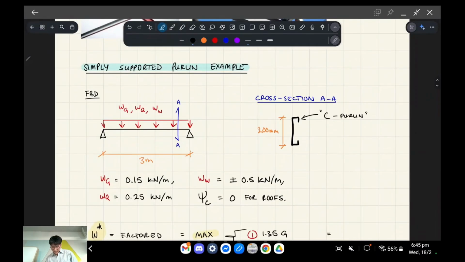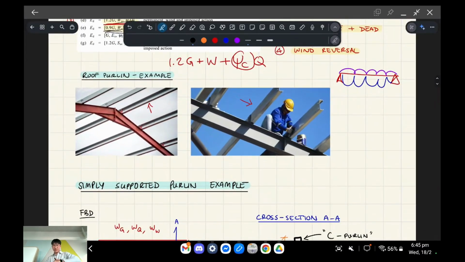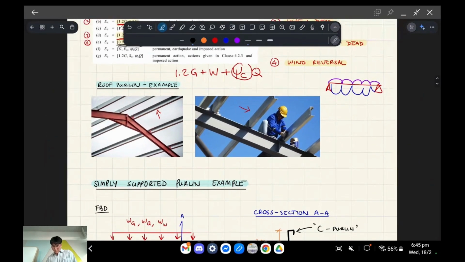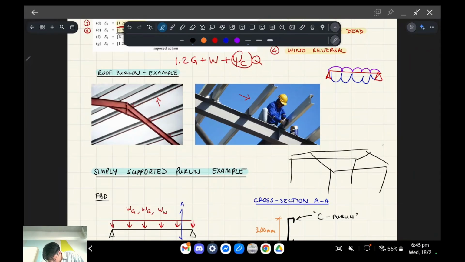Alright, cool. Oh yeah, let me explain what a purlin is quickly. You don't have to know too much about this, but you have a roof, right? You have a steel frame roof like this, and you have something called rafters, which are basically big fat steel beams that frame the building like that.